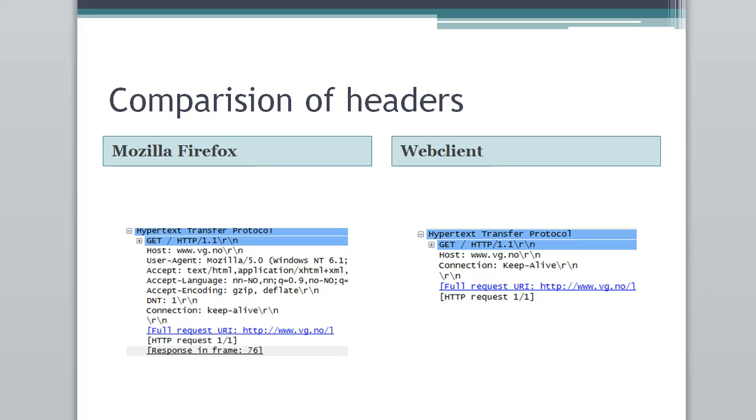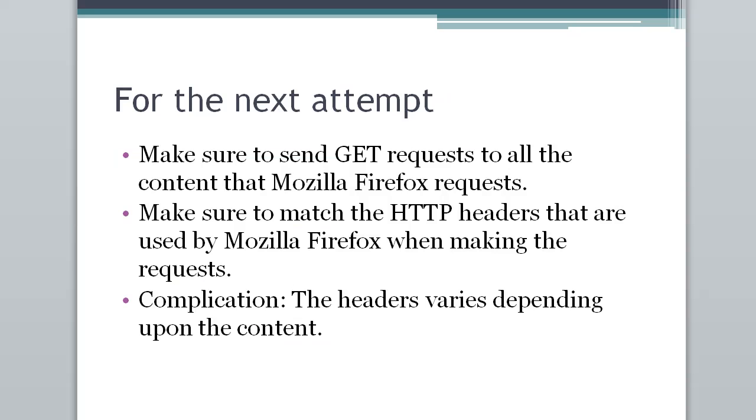So the WebClient needs to be expanded to also use these additional headers. Based on the packet capture from Mozilla Firefox, I would need to expand upon the WebClient program so that it matches the data captured by Firefox.